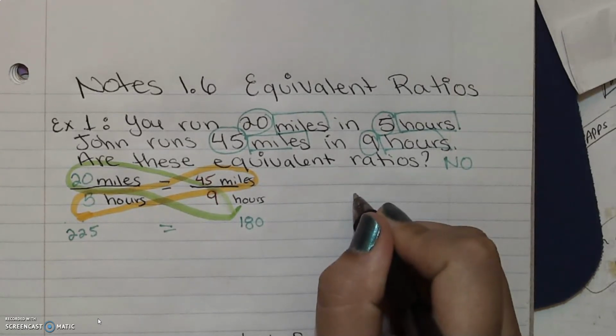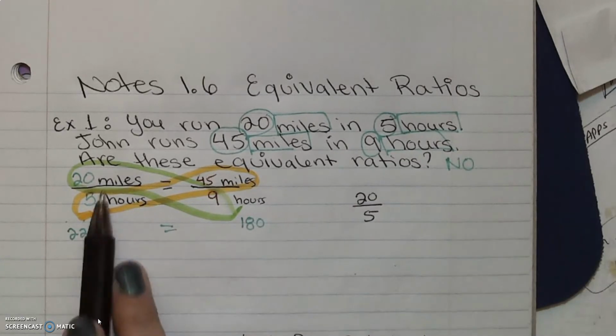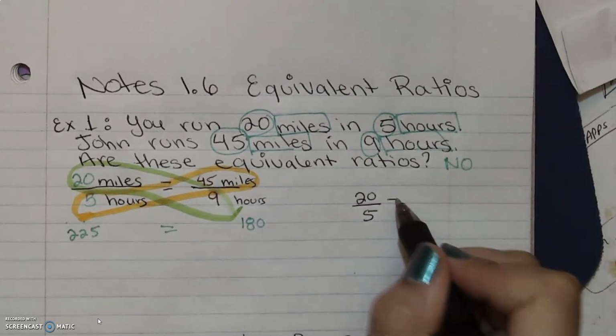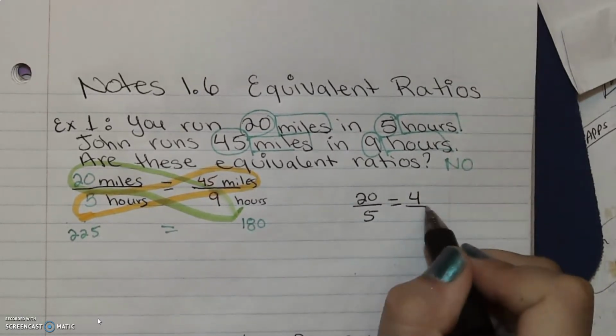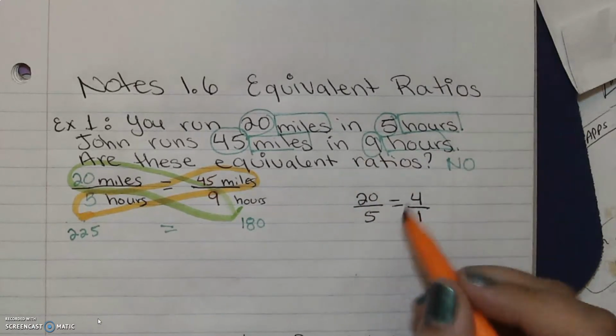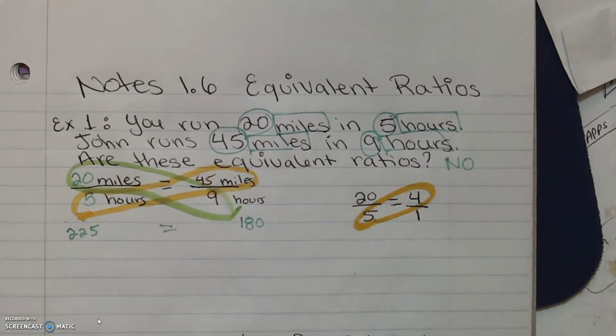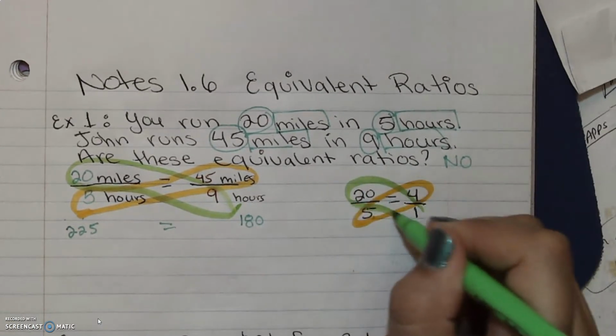But let's say you were given this information right here. Just as an example, if you have 20 miles over 5 hours, and you have 4 over 1. Are these equivalent? Well, let's go ahead and do our little proportion right here. You're going to multiply that by that, and this other side.